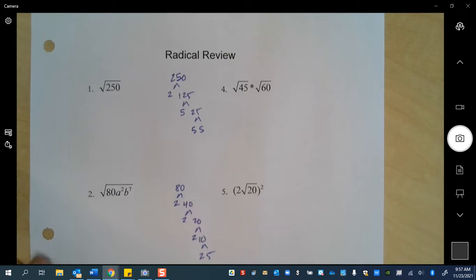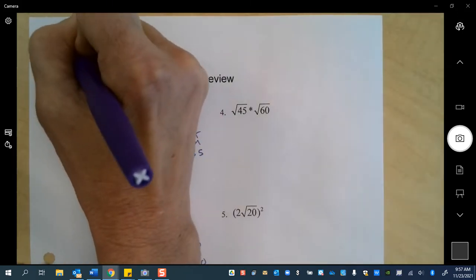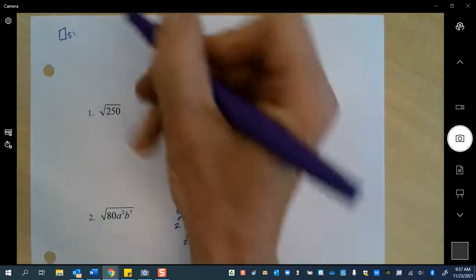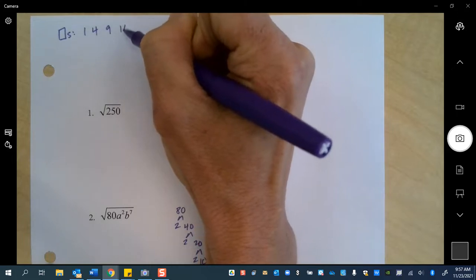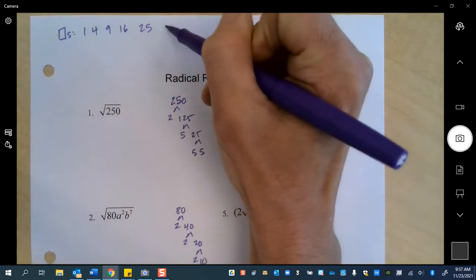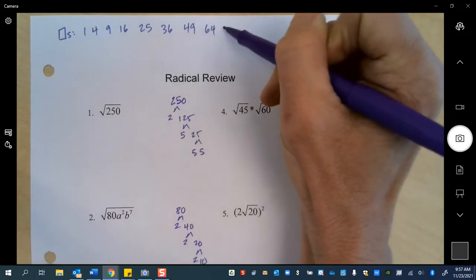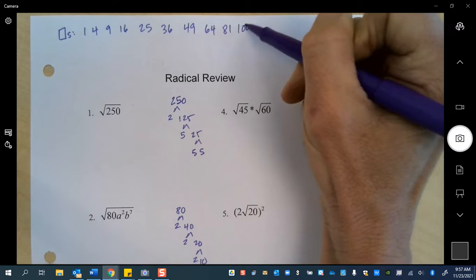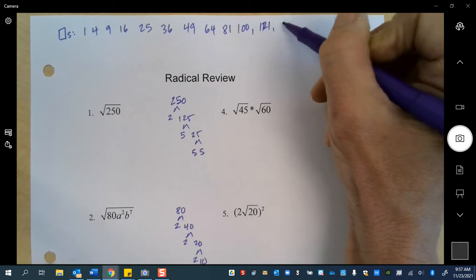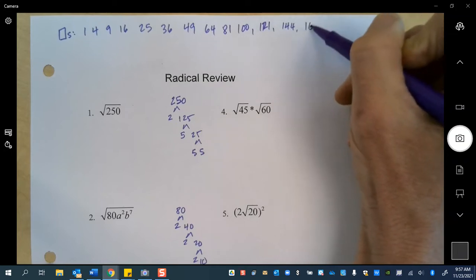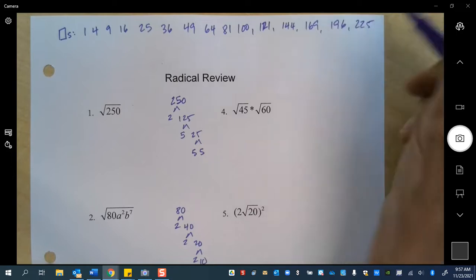What I prefer doing is looking for my perfect squares, my best friends, everywhere I go. 1 squared, 2 squared, 3 squared, 4 squared, 5 squared, 6 squared, 7 squared, 8 squared, 9 squared, 10 squared, 11 squared, 12 squared, 13 squared, 14 squared, 15 squared.